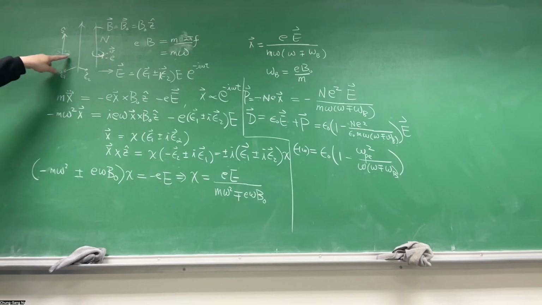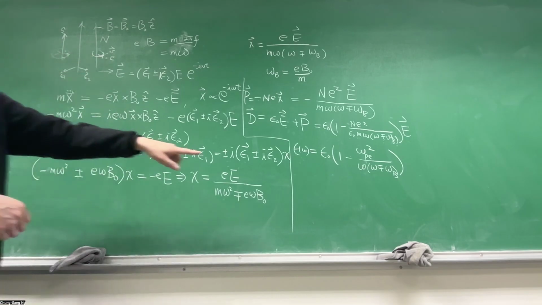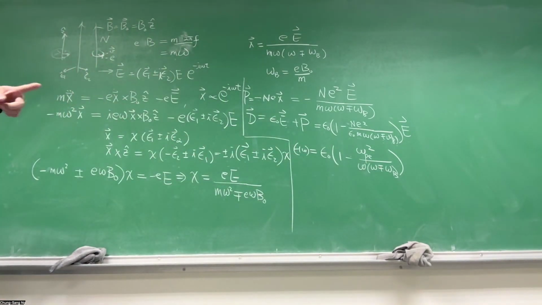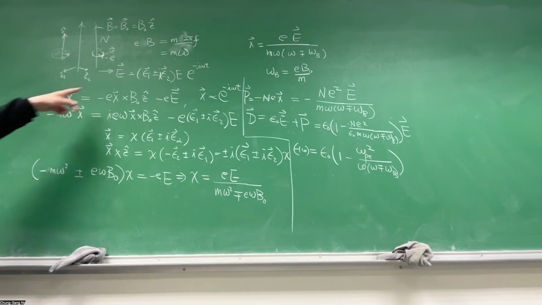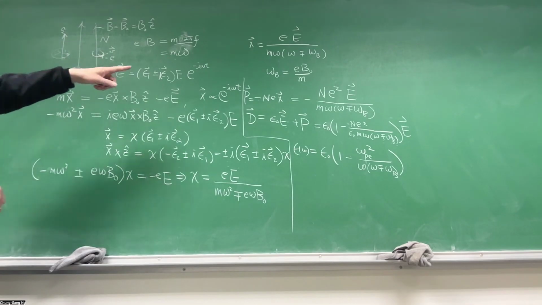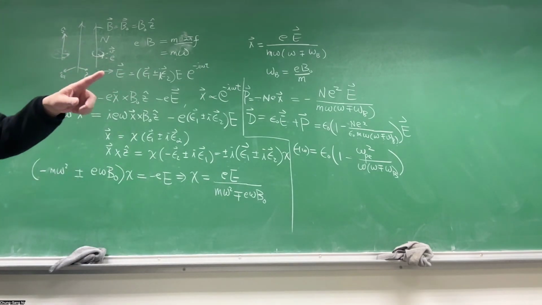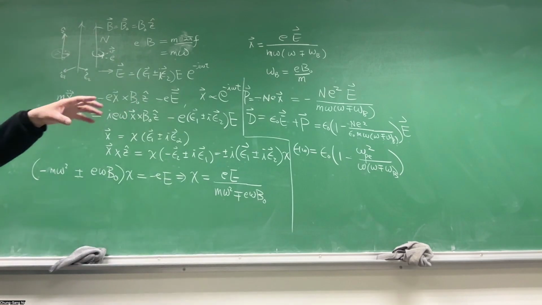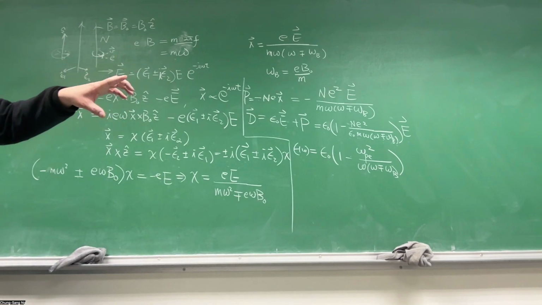For the right-hand wave, the minus sign, the electric field will rotate in the same sense as the electron rotates, right? And if the wave frequency omega matches the gyro frequency of the electron, then think about an electron that is gyrating: you always see the same electric field.